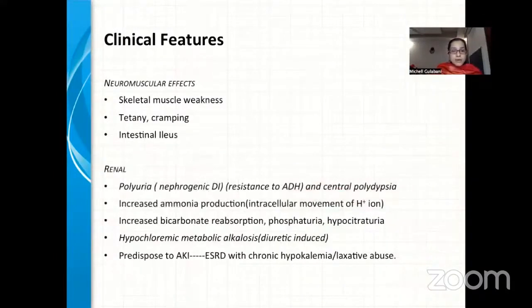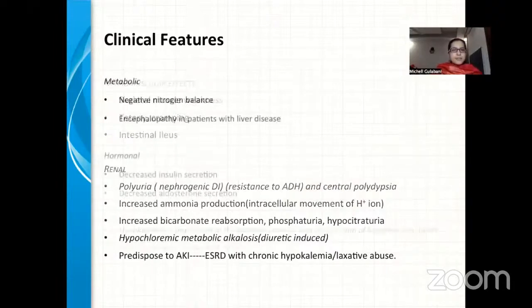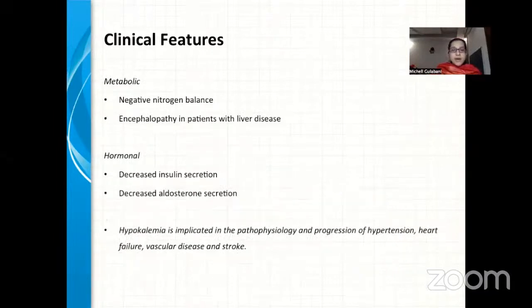And in renal, you'll have polyuria and hypochloremic metabolic alkalosis, which is commonly diuretic induced. In metabolic, you'll have negative nitrogen balance; hormonal, there'll be decreased insulin secretion and decreased aldosterone secretion. And hypokalemia is implicated in the pathophysiology and progression of hypertension, heart failure, and vascular disease and stroke.